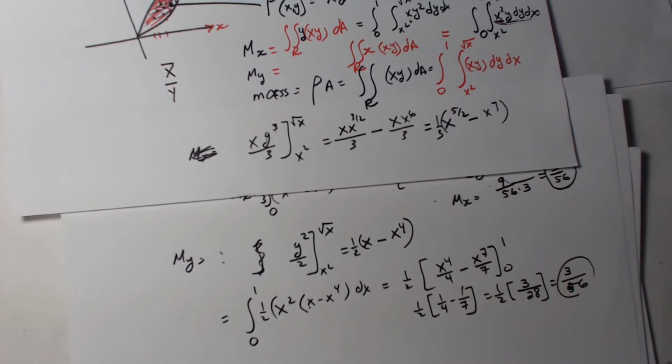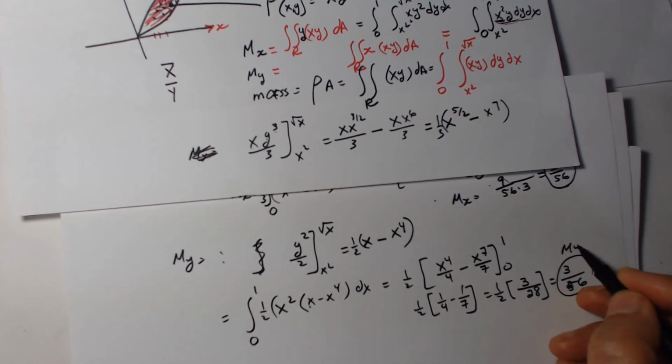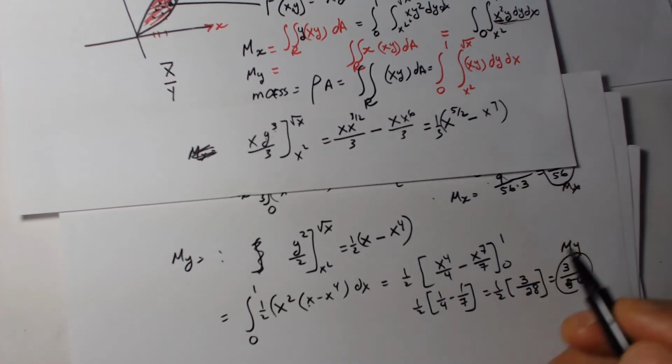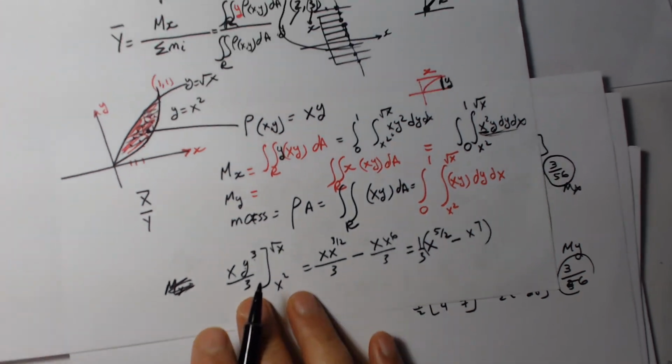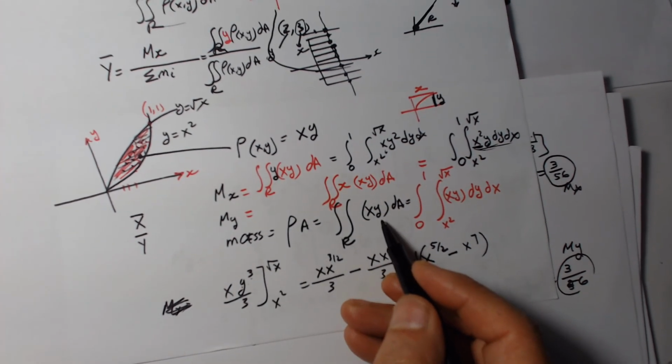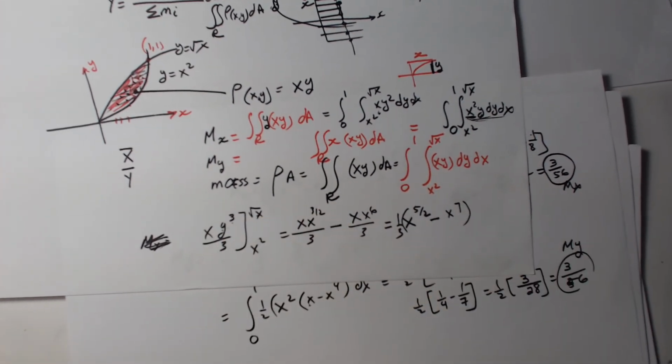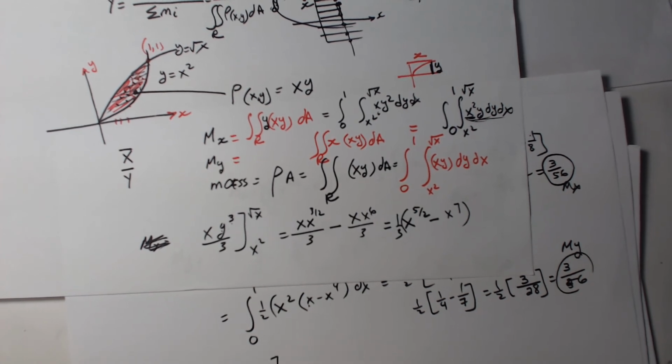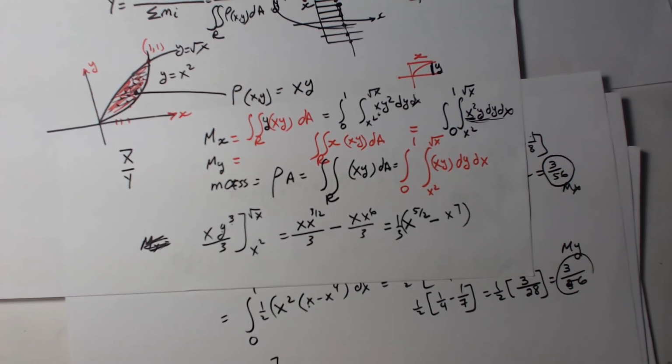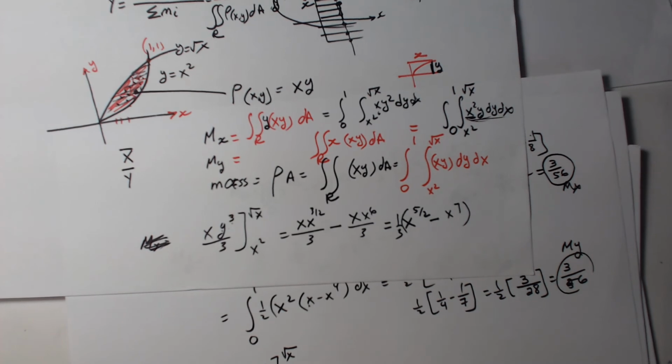Okay, let's talk about the mass. This was the moment about the y, and that was the moment about the x. Mass is easier because you don't have that extra variable. You do it with respect to y, which is y squared over 2 from x squared to square root of x, and that's x minus x to the power of 4 over 4.